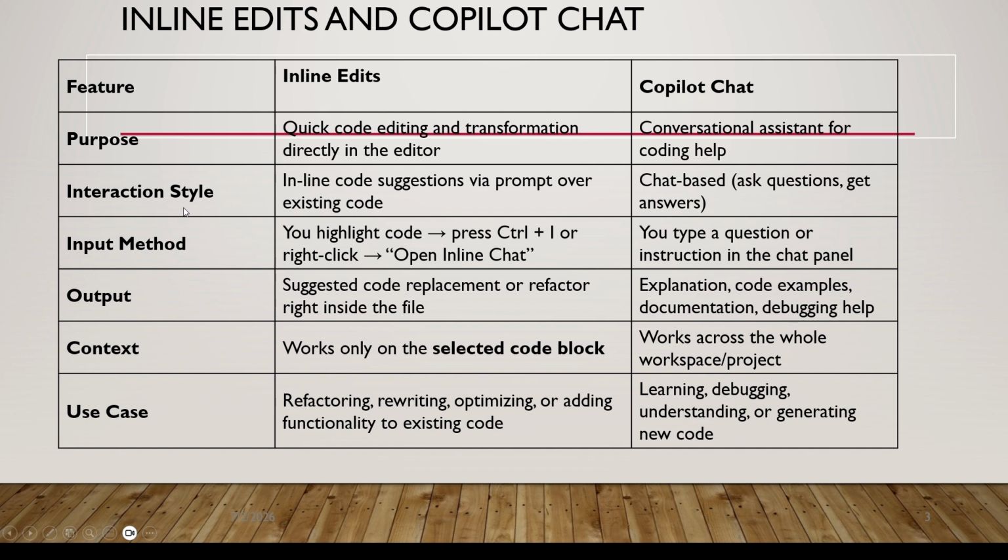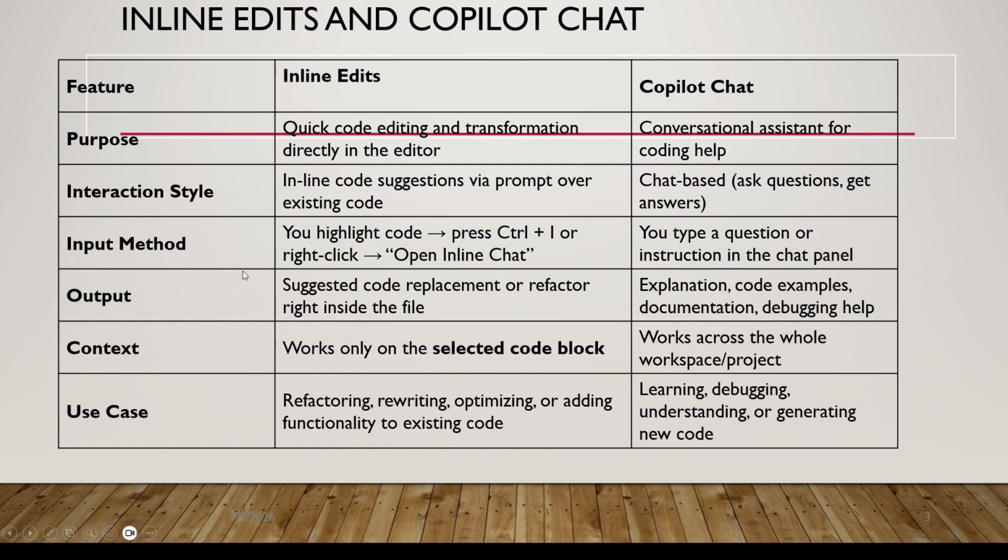Next, interaction style. In terms of interaction style, inline edit gives code suggestions via a prompt or existing code. As we have seen, we press Control I, select the particular piece of code, and ask a question accordingly. Whereas in Copilot chat, we ask questions in a chat-based form, so I can ask a question and get answers with respect to the chat I've given.